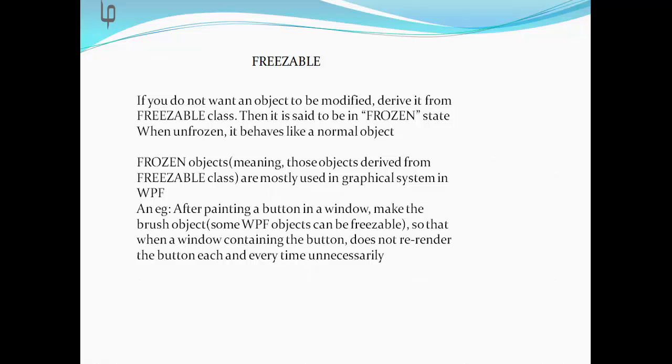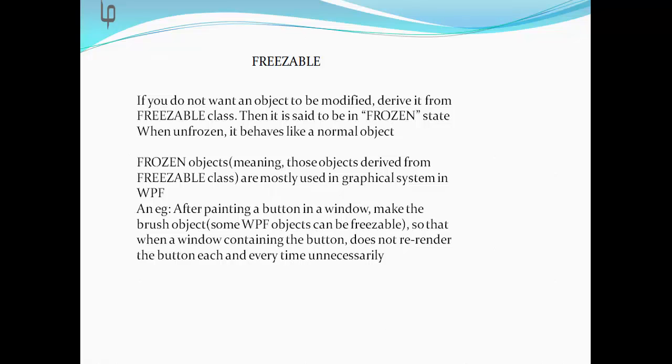Your button need not display the pixels or re-render them. So by making the brush object freezable, you're not asking the graphical system to repaint the entire button again and again.